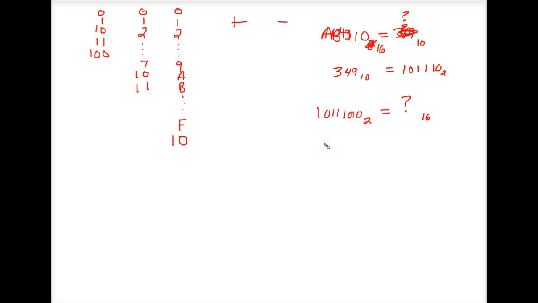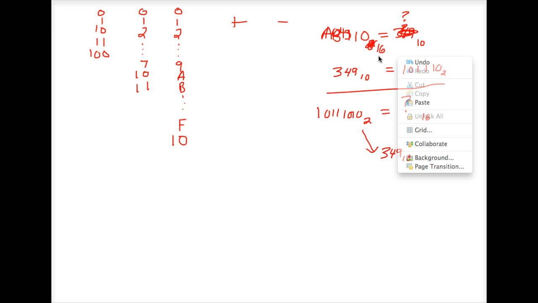You could sidestep and convert this to a base 10 number, because you've already learned how to do that up here, and then take that base 10 number and convert it to base 16, because that's also been taught before.